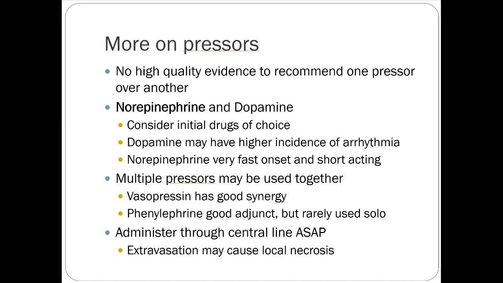If it does extravasate, meaning it somehow gets out of the vein, or the IV didn't get through or pierced through the vein itself, and you get some local extravasation, you can get necrosis because of that local vasoconstriction. It's something we can treat if we catch it right away. There are protocols in hospitals to do that, but it is something that we want to be careful of. With the central line, you just don't really have to worry about that.